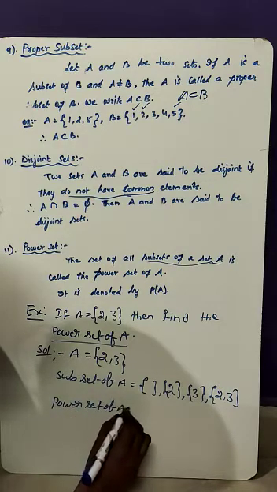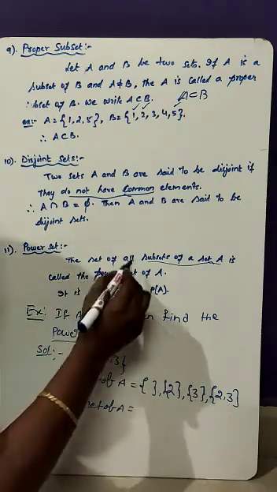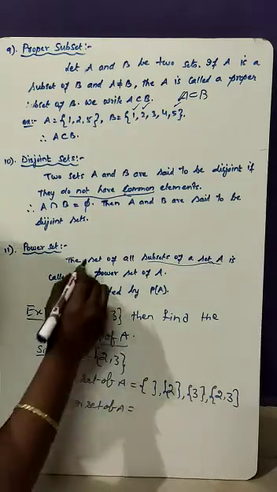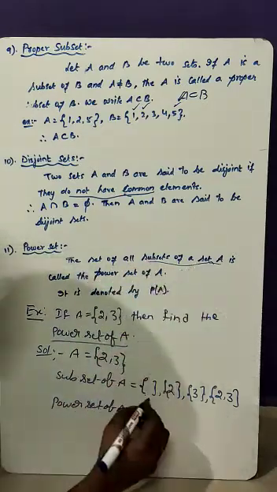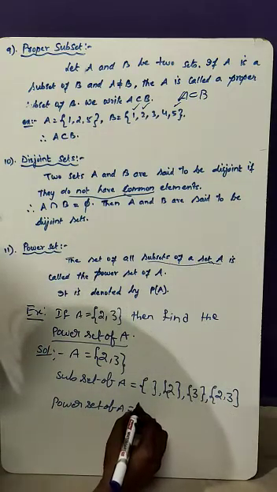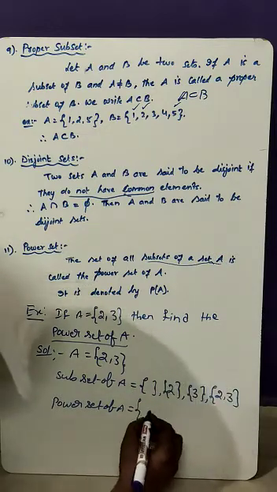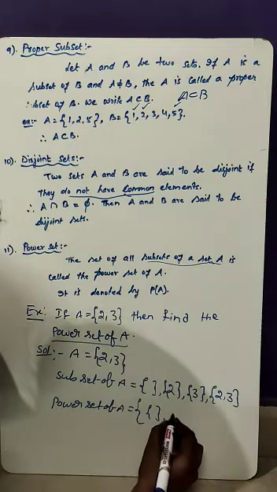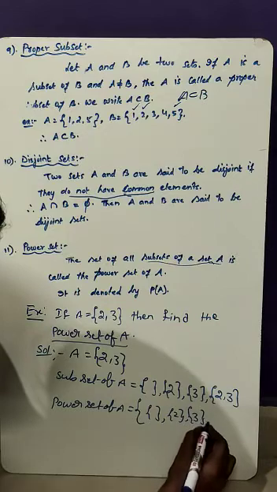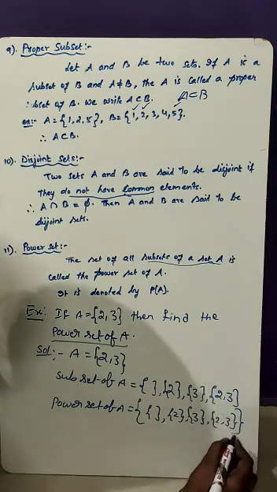Power set of A means, what is the definition? The set of all subsets of A is called the power set of A. All the subsets put together is the power set of A. That means you just write within brackets the four elements: the empty set, {2} separately, {3} separately and {2, 3} separately, all within brackets.